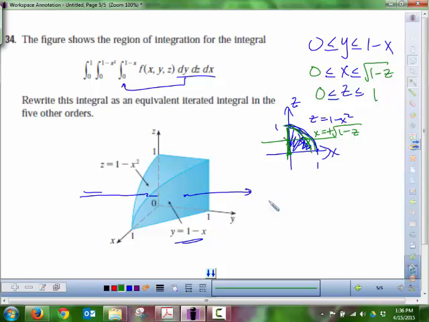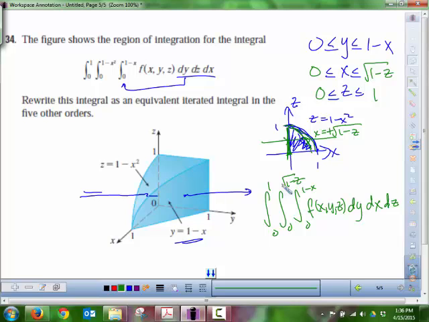After I write it out: my f function, whatever that is, dy first from 0 to 1 minus x, the same y limits, dx next, where x goes from 0 to the square root of 1 minus z, and then dz goes from 0 to 1.